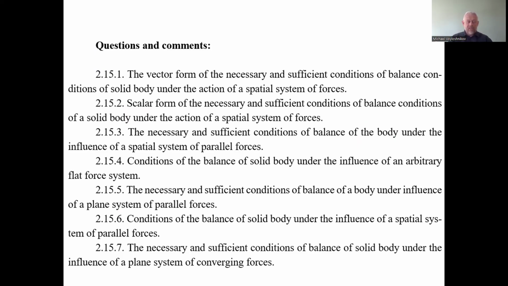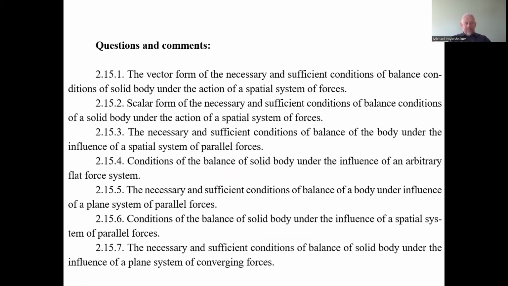On the other hand, this means that each one of the projections of forces on the axes of the Cartesian system x, y, z, and all projections of the vector of moment on the coordinate axes have to be equal to 0, each one of the projections. No one can be not equal to 0.